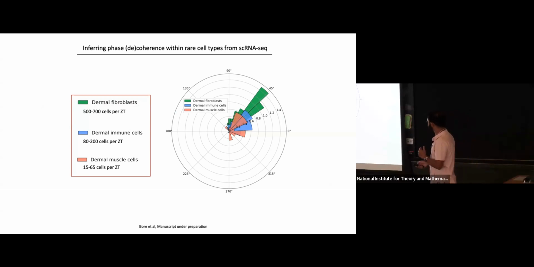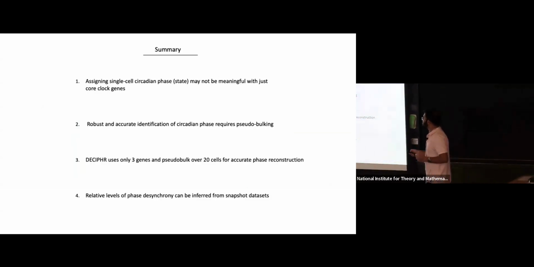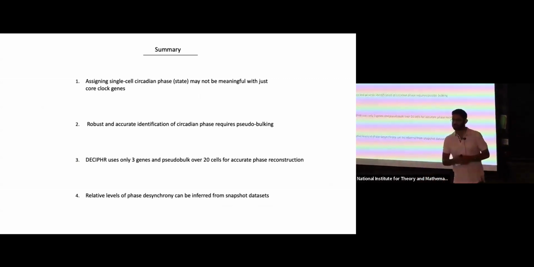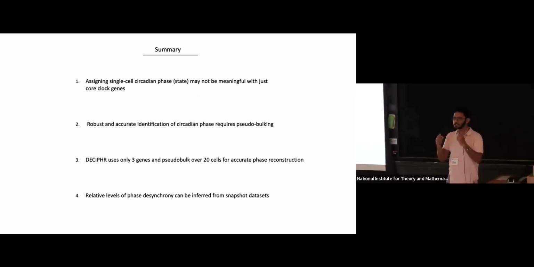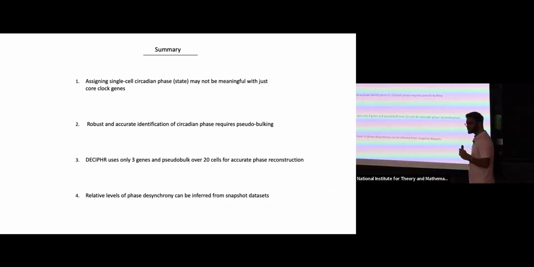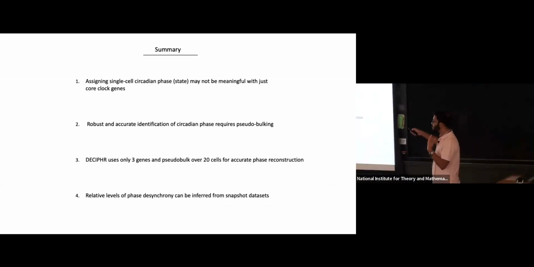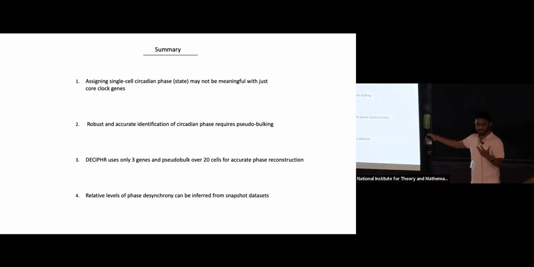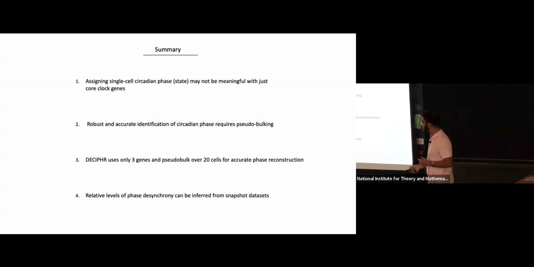And you can do this with single cell RNA-seq data, but I'm going to just stop here and summarize and leave you with this thought once again, that when you know the real definition of your underlying state, it may or may not turn out that your inference of these states actually gives rise to the real state that you're looking for. And this is one thing we are seeing with the circadian clock.